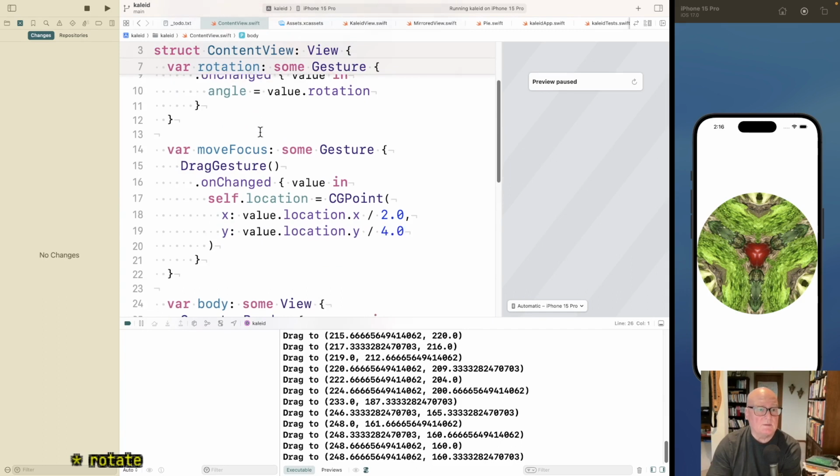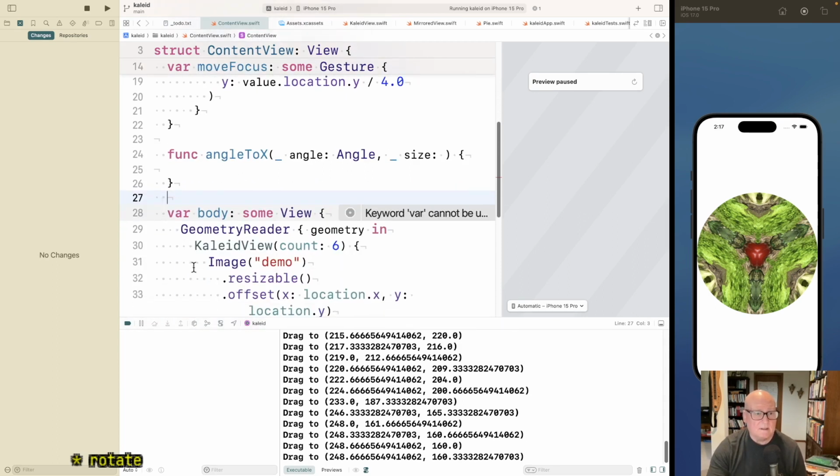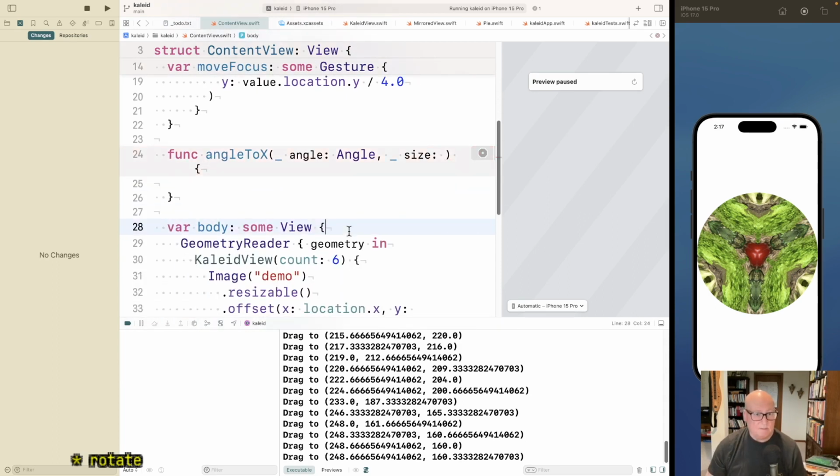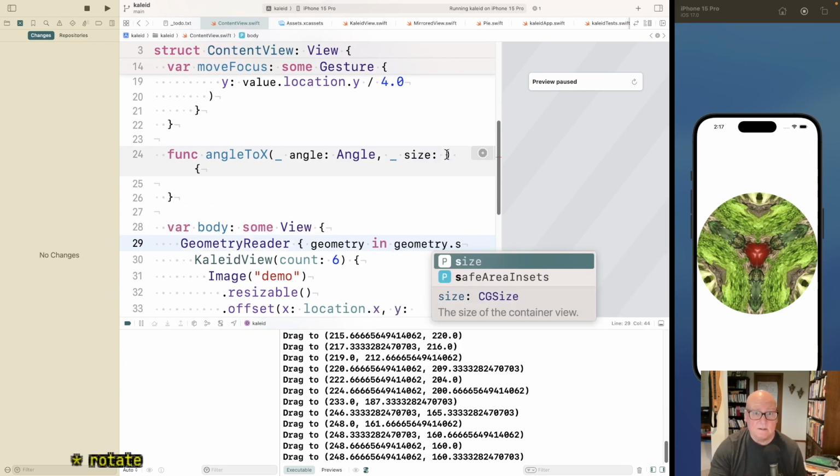Okay, so let's write a function. Now we know it could be testing something. So this is map x. Well, let's say x angle to x. And it takes an angle and a size, which I don't know what that is. Size is geometry dot size, right? It's CG size.